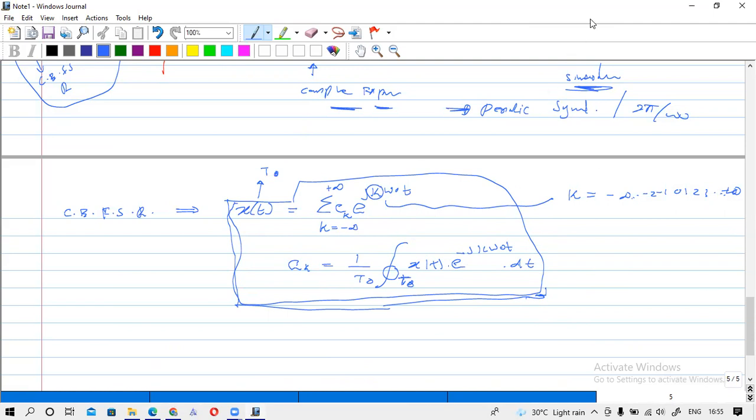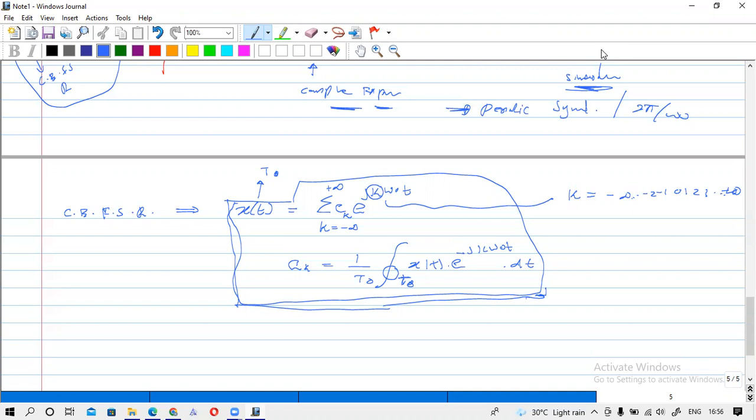Any questions up to now? If you don't have any question, we will stop here. We have started a new topic, Fourier analysis. Under Fourier analysis, we are going to analyze periodic signals, which we call Fourier series representation.